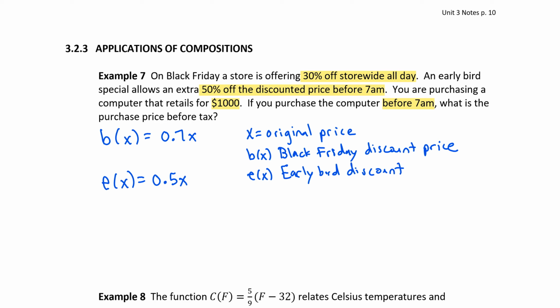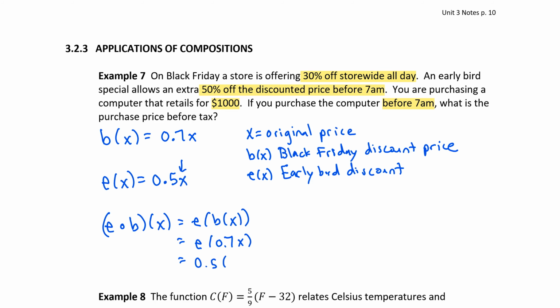What I need to do is apply these two functions in a row. We need to apply the early bird special to the Black Friday special. We're going to find E of B of x. So B of x is 0.7x. I'm going to now plug that into the argument for the other function to get 0.5 times 0.7x.